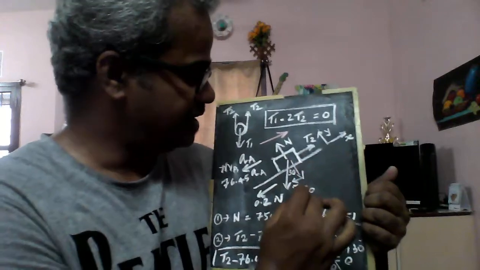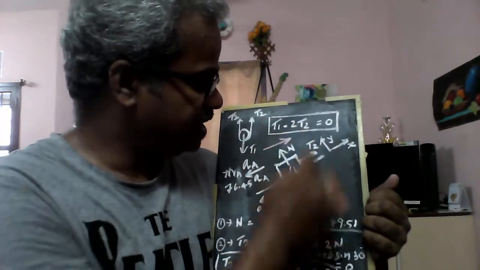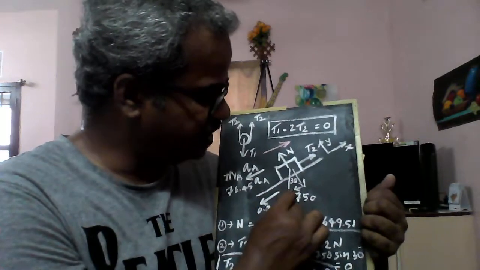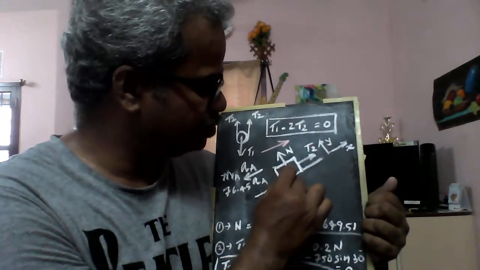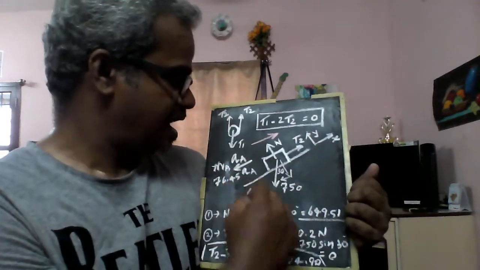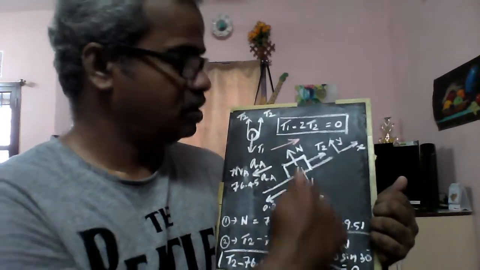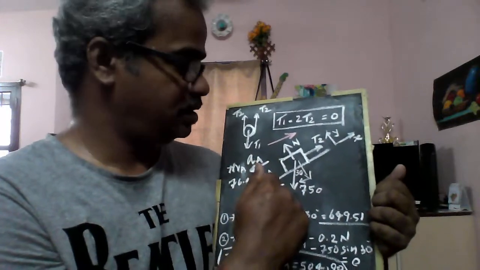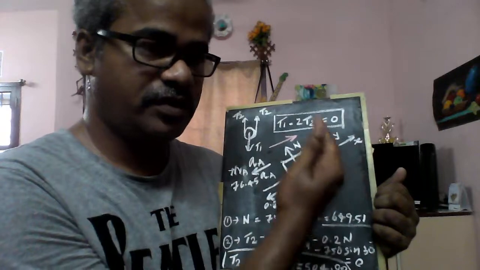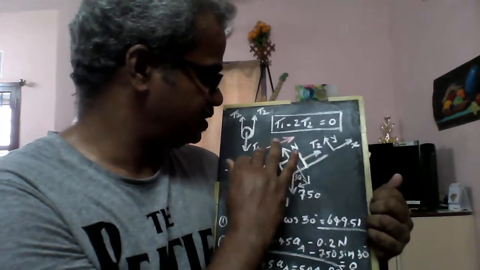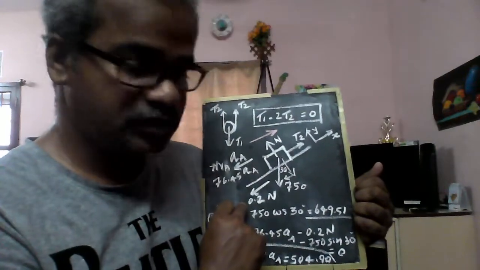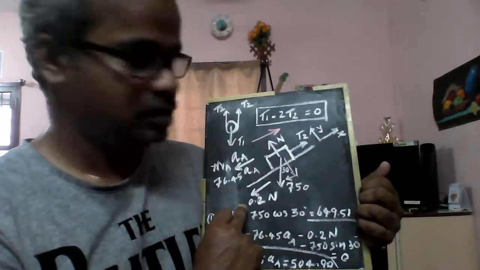Then normal reaction N, downward weight is 750, that I can decompose as 750 cos 30 and 750 sin 30. Body A is moving upward, that we have found from the first equation. So there will be a frictional force downward. What is that frictional force? It will be 0.2 N.